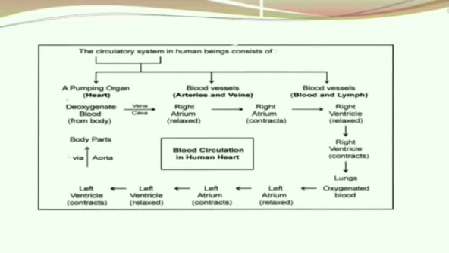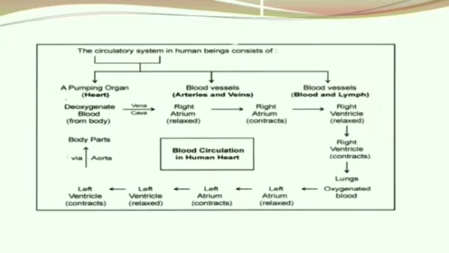So, now what happens in the human circulatory system? The human circulatory system contains a pumping organ, the heart, the blood vessels, arteries and veins, blood and lymph. What happens is, from the body, first the deoxygenated blood enters the right atrium via the vena cava.